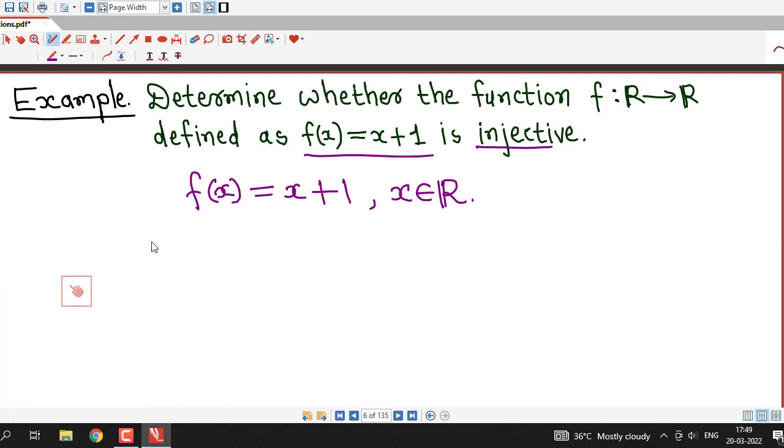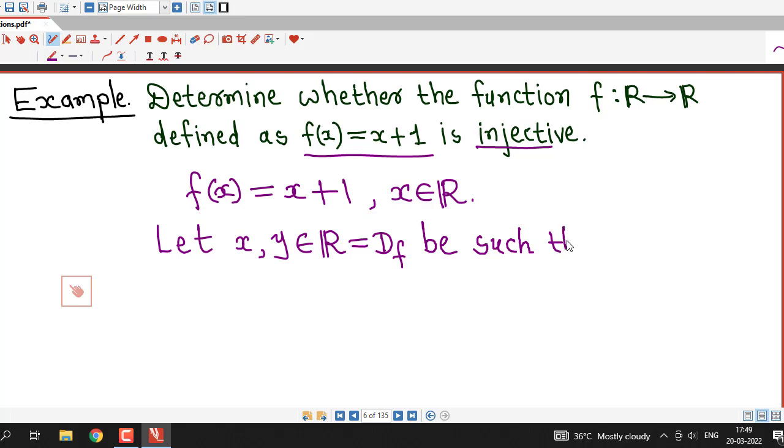Suppose we consider that for two elements, let x, y in the domain of f, which is set of real numbers, let x, y belongs to R, be such that their images are equal. We are considering arbitrary elements in the domain of function such that images are equal.